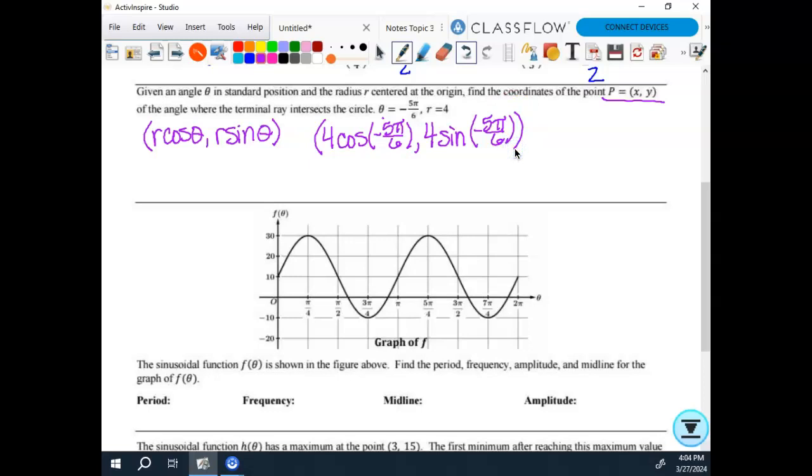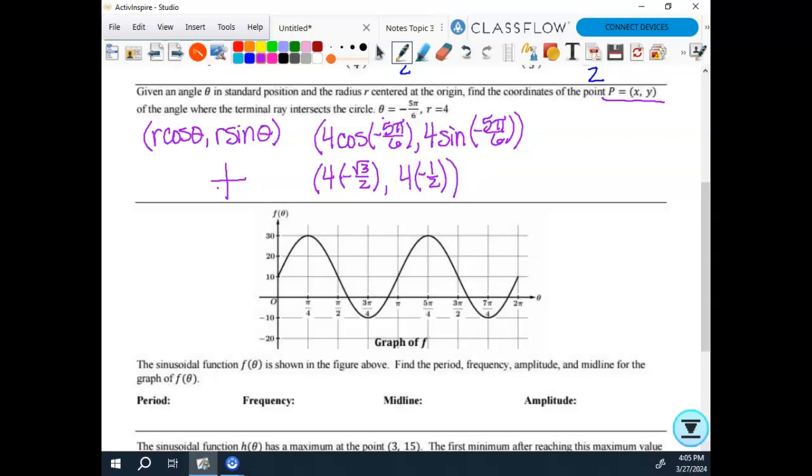Okay. So that means I'm going to get 4 times, for a pi 6 angle, cosine is square root of 3 over 2. I've got to figure out what quadrant I'm in. Negative 5 pi 6 puts me in the third quadrant, so this is going to be multiplied by a negative square root of 3 over 2. And then 4 times, again, I'm in the third quadrant, so sine is also going to be negative, multiplied by a negative 1/2.